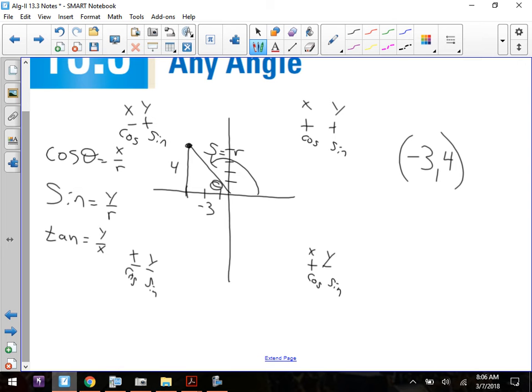Secant. So what's secant going to be? Very good. That gives you secant of theta as r over x. What's the inverse of sine? Cosecant. Very good. Cosecant is r over y. And then cotangent, which you so eloquently discussed a second ago, Emily, was? Very good.